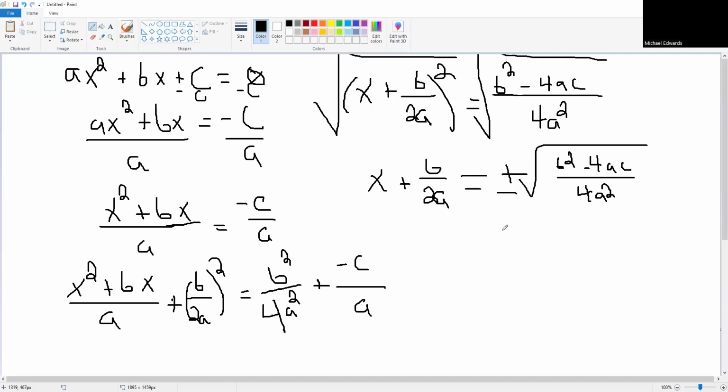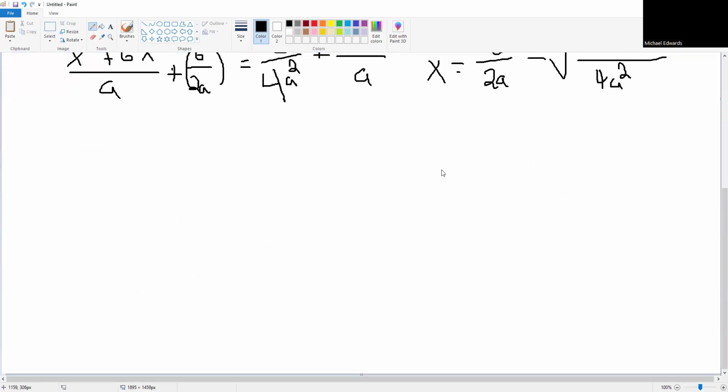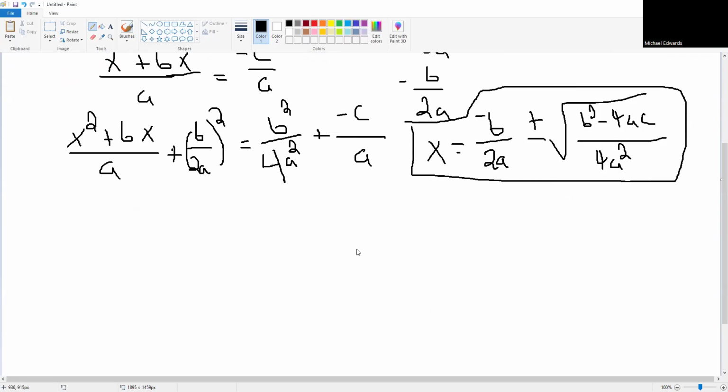Now, we need to solve for x. So we can just move this whole thing by subtracting it. So this would be x equals negative b over 2a plus or minus the square root of b squared minus 4ac over 4a squared. Now, we can further simplify this to be basically what the quadratic equation is today.